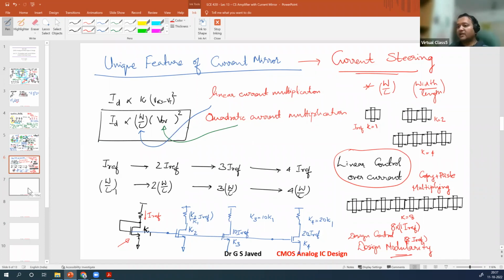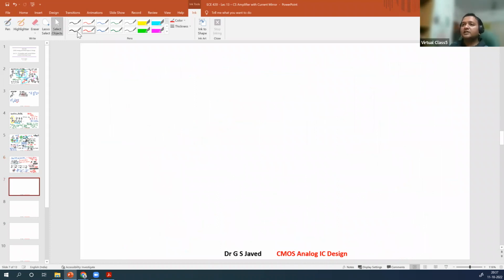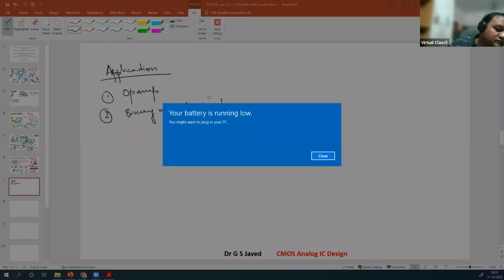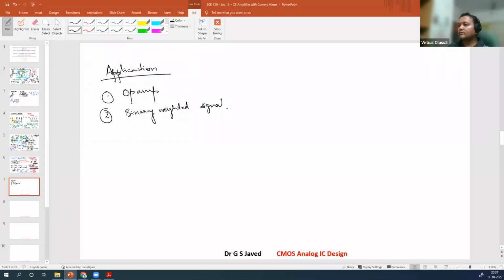Another place where this is exclusively used, you will see when you have to create some applications. One we spoke about: op-amp, current steering where you want. Second, you can do it in binary weighted signal processing. What does that mean?